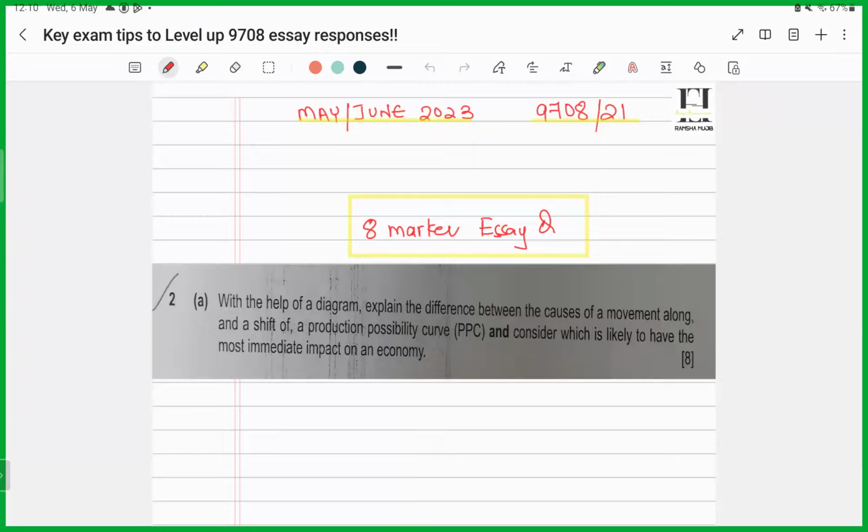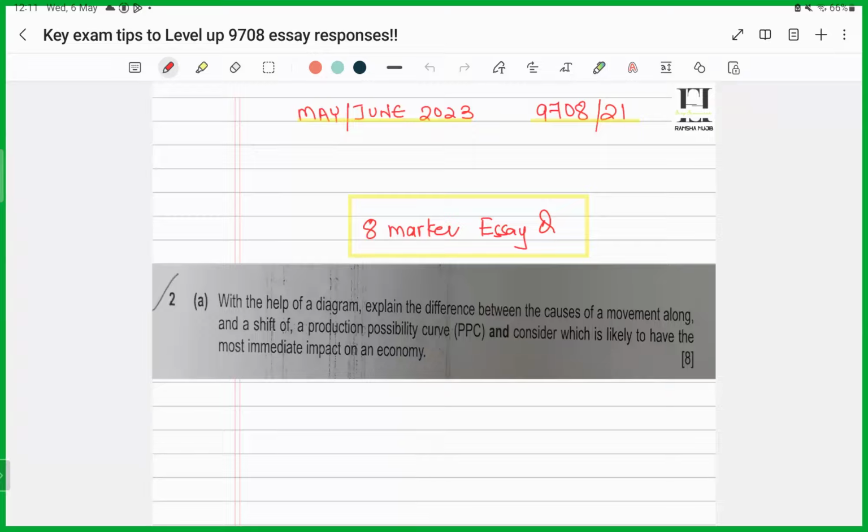It's asking us to explain, with the help of a diagram, what causes a movement along the PPC and what causes a shift of the PPC, and then explain whether a shift or a movement along has a more immediate impact on an economy.